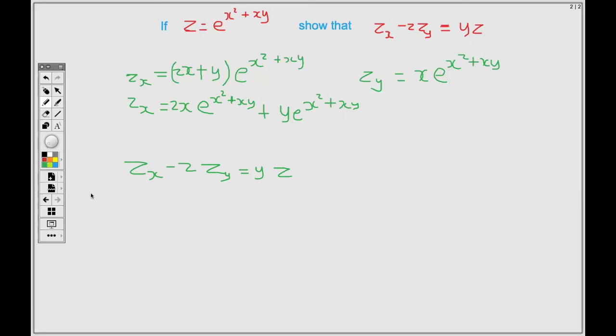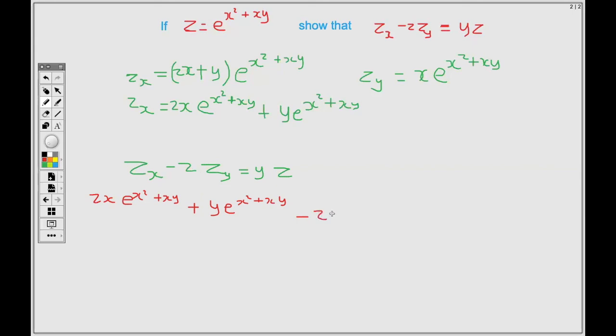So substituting this, we have 2x e to the x squared plus xy plus y e to the x squared plus xy, minus 2zy, which is x e to the x squared plus xy.